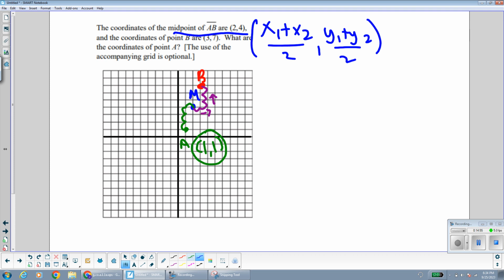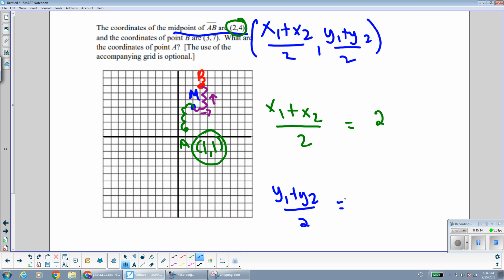So let's take each of these separately. We know what the midpoint is. So we know that when we average the x coordinates, we ended up with the midpoint x coordinate of 2. And we know that when we average the y coordinates, we ended up with the y coordinate of the midpoint, which is 4.